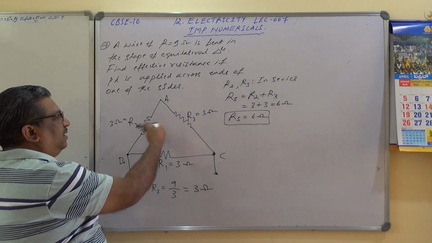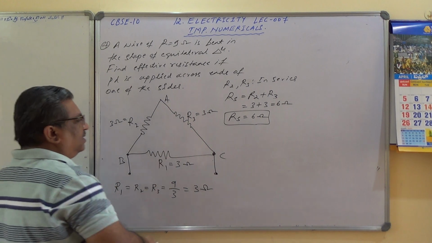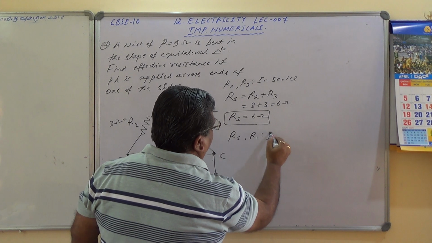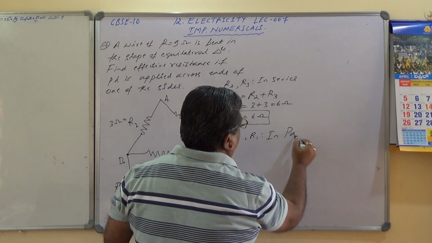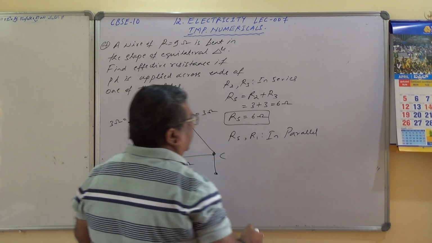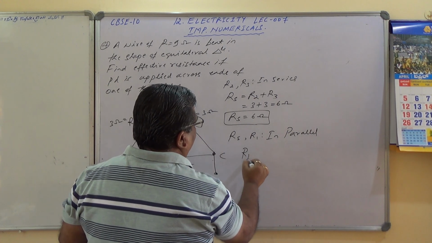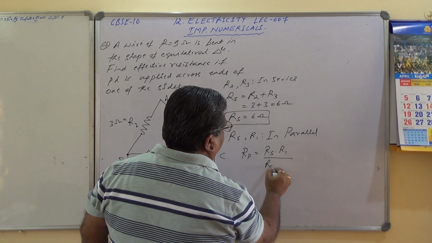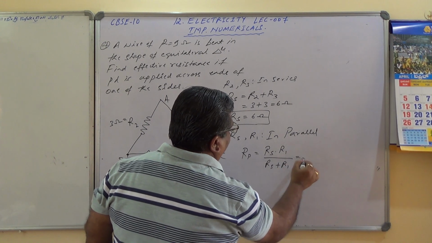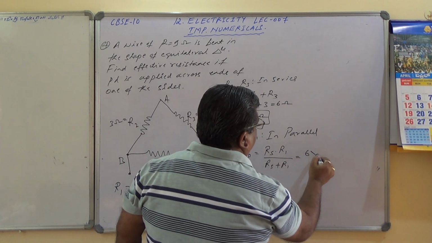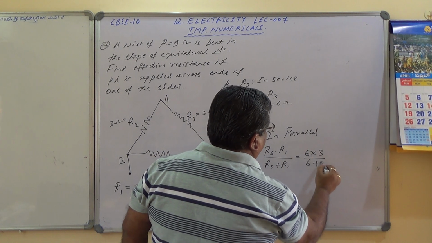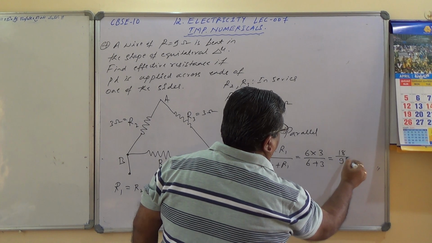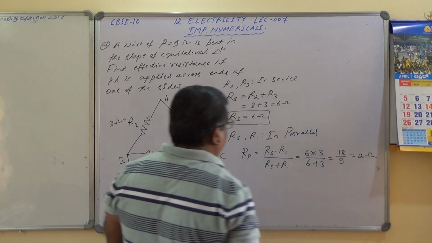Rs, which is the equivalent of these two, and R1 is in parallel combination. And therefore Rp equals Rs into R1 divided by Rs plus R1, which equals 6 into 3 divided by 6 plus 3, 18 divided by 9, which equals 2 ohms.